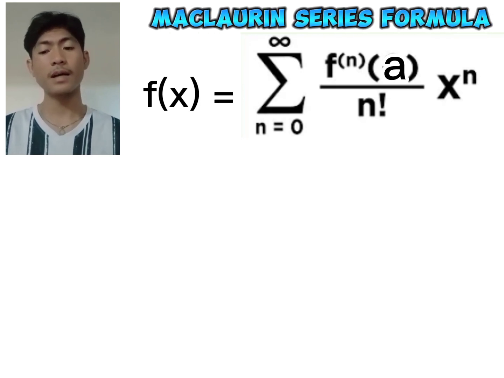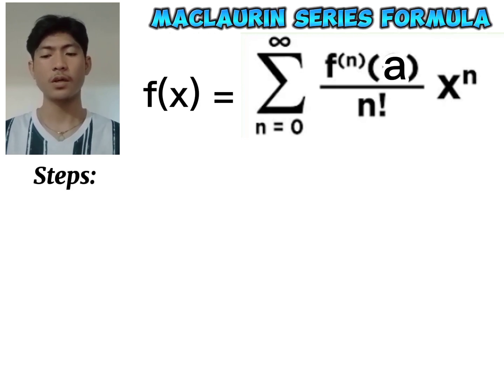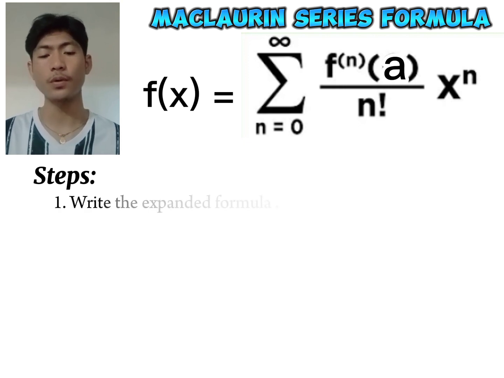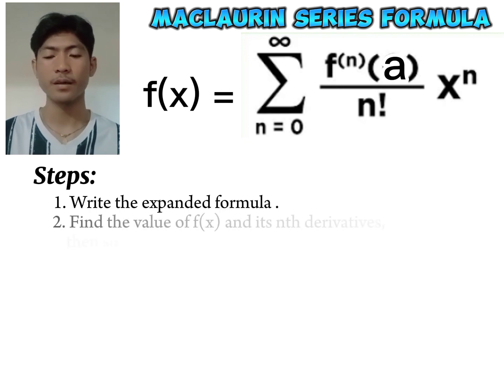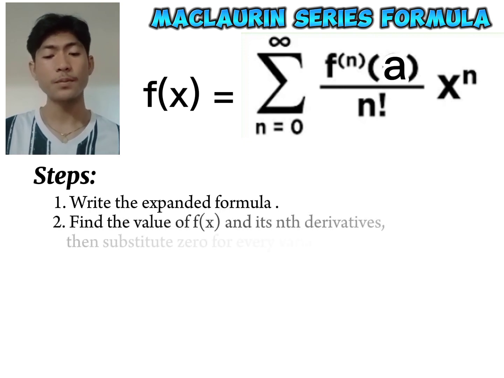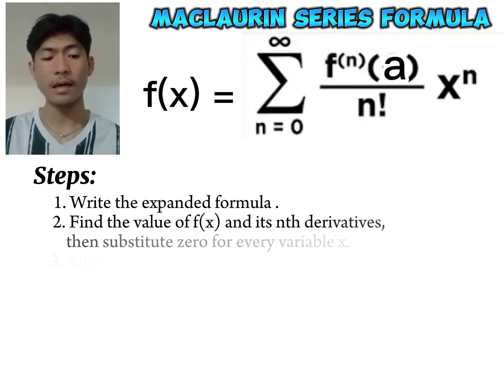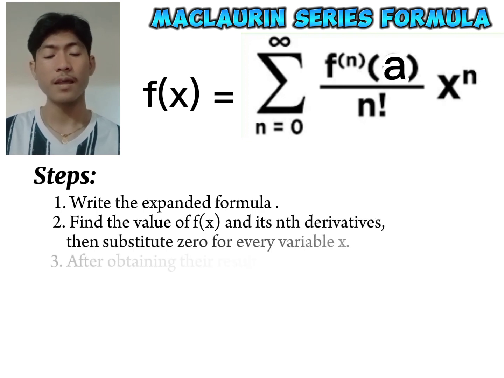Now we have here the steps on how to find the Maclaurin series of a function. First, write the expanded formula of the Maclaurin series. Second, find the value of f of x and its nth derivatives, then substitute 0 for every variable x.